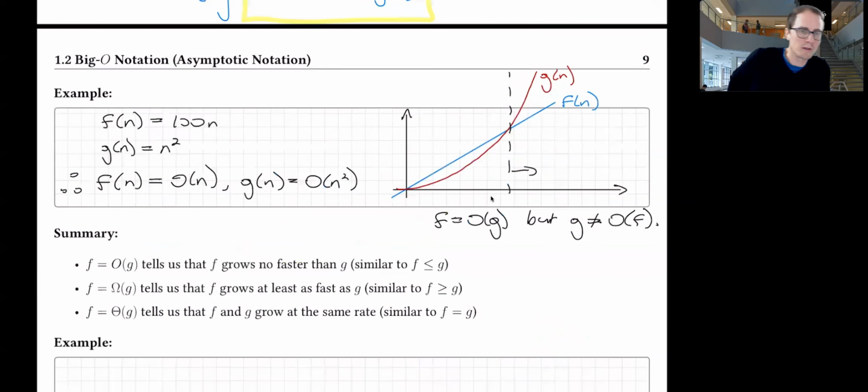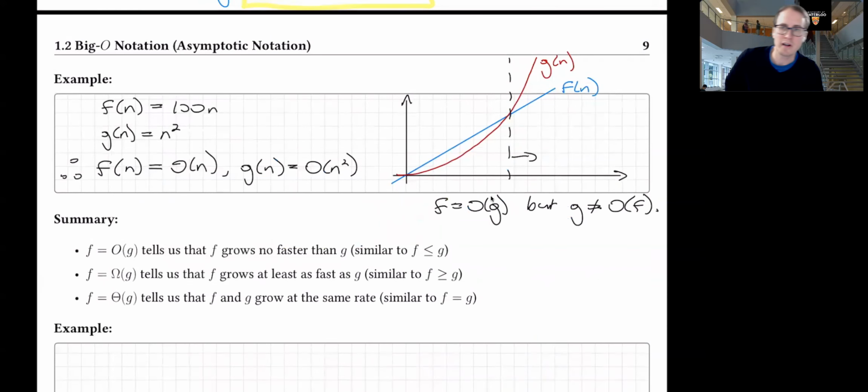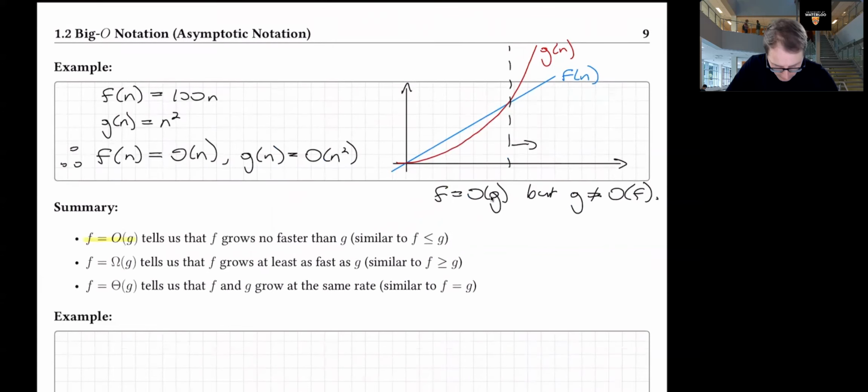Okay, so to give an analogy, f is big O of g is kind of like saying that f is less than or equal to g. I mean, it's not quite because you have this constant multiplying in front. If f is in big omega of g, that's kind of similar to saying that f is bigger than or equal to g.